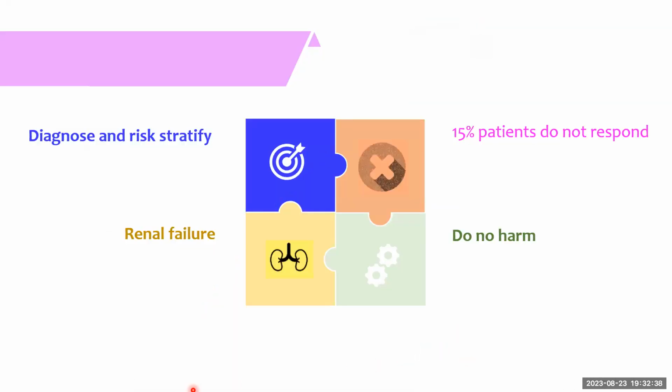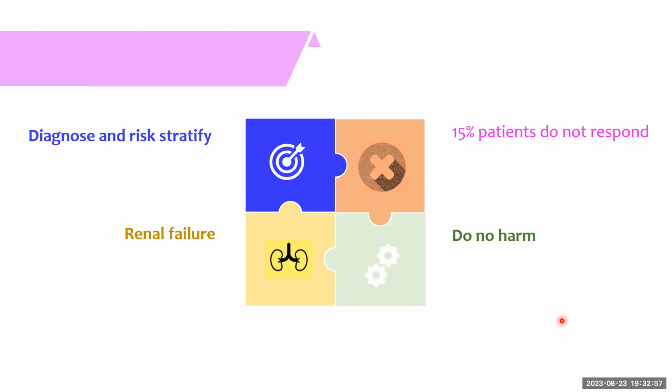So it is very important to diagnose pulmonary embolism accurately and stratify the risk. And 15% of the patients do not respond to your thrombolysis. And it is very important not to harm the patients because there is a significant risk of bleeding.